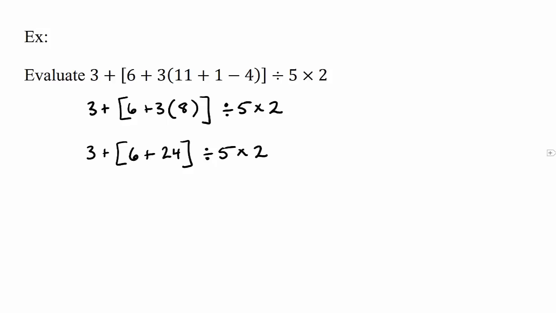I've got addition, so 6 plus 24 is going to be 30. I now have multiplication and division, and I'm going to do that in the order that it occurs from left to right. So 30 divided by 5 is 6. And then 6 multiplied by 2 is 12. And then finally, I'm going to do the addition. 3 plus 12 is 15.